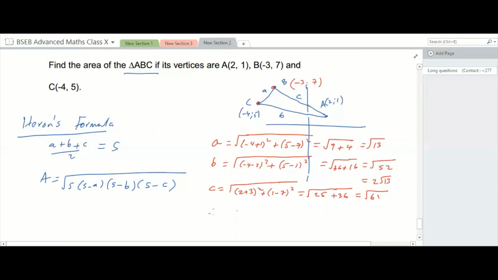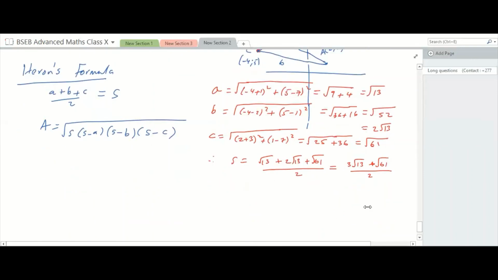Therefore, S is equal to root 13 plus 2 root 13 plus square root of 61 over 2, which is equal to 3 root 13 plus square root of 61 over 2. Square root of 61 is irrational.